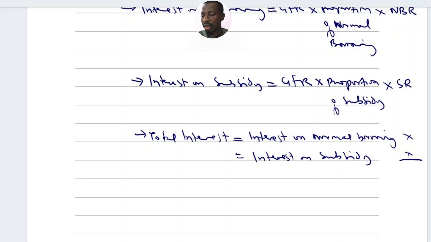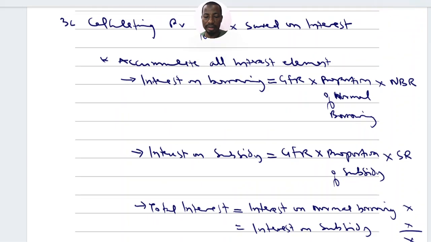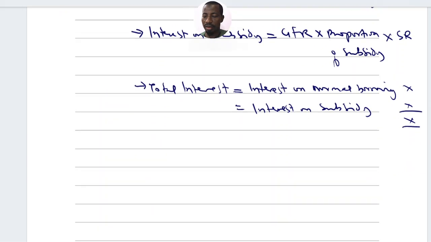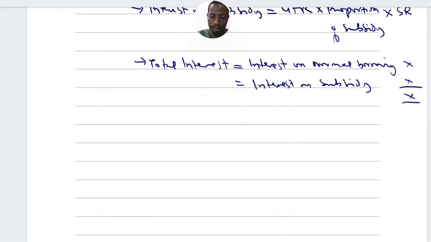You add the two together, that will give me the total interest. Once I have the total interest, then I will go to step 2.